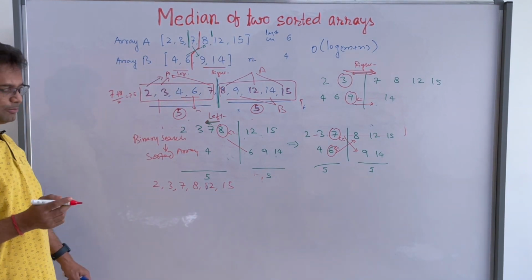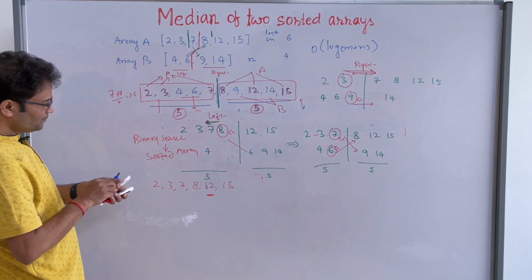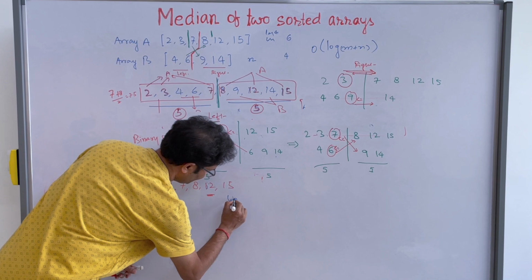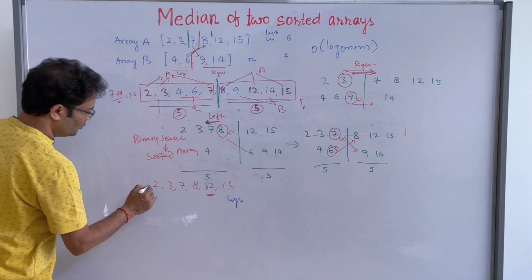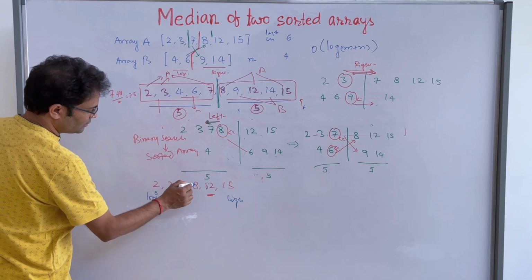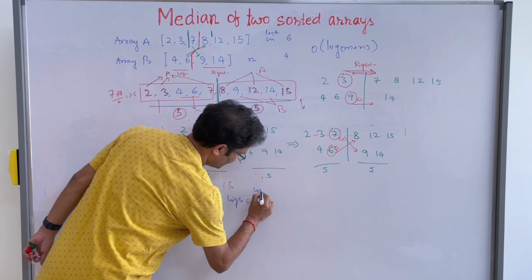In binary search, suppose you have to find the 12, how did you do that? We keep low here and high here, right? Low is here and high is 1, 2, 3, 4, 5, 6. High is 6.